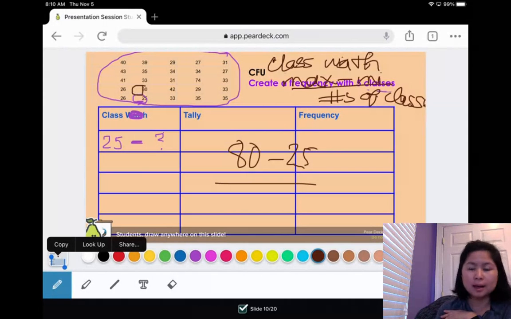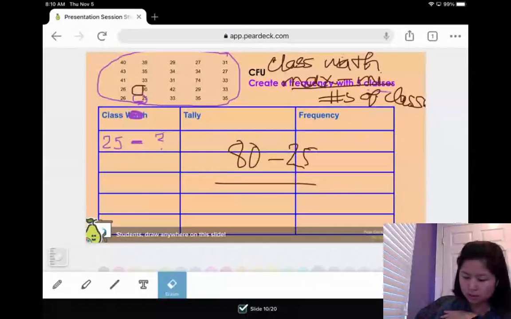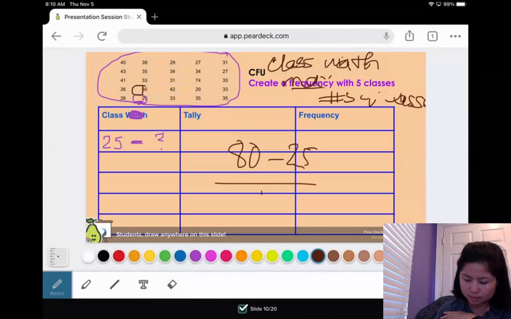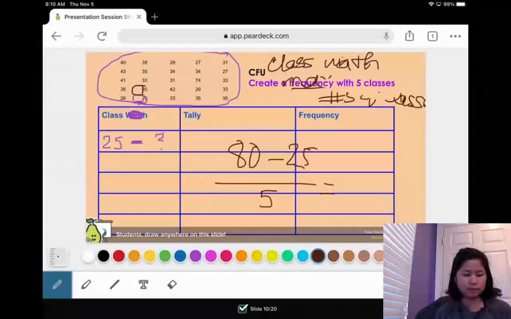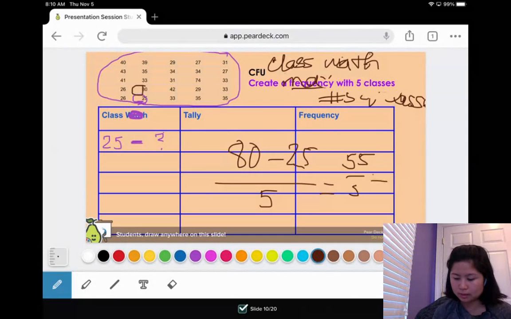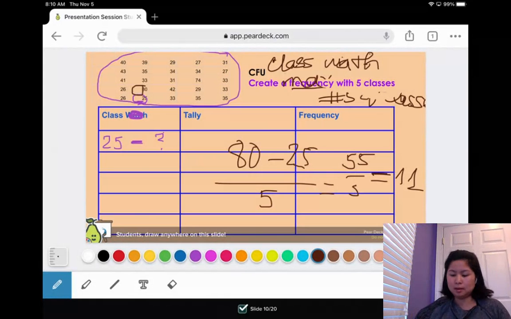How do I know how many classes? It's given in the instructions. It says 5, so I divide by 5. If you have a calculator, you can do the same. 80 minus 25 is 55, over 5, which is 11. So that is my class width, 11.